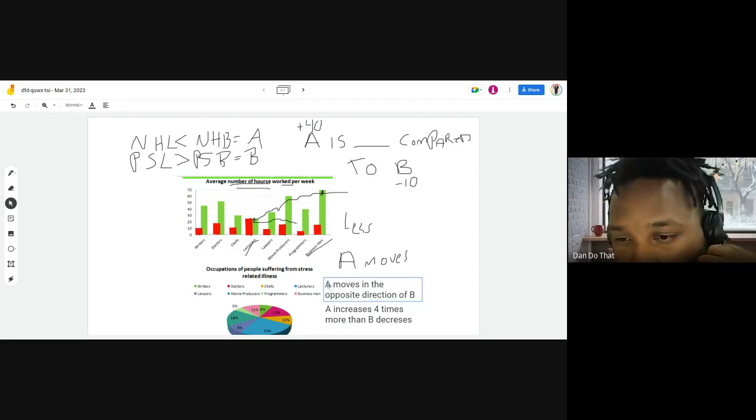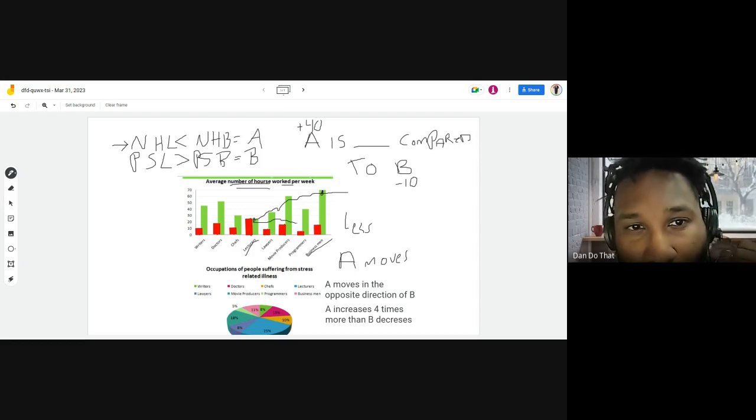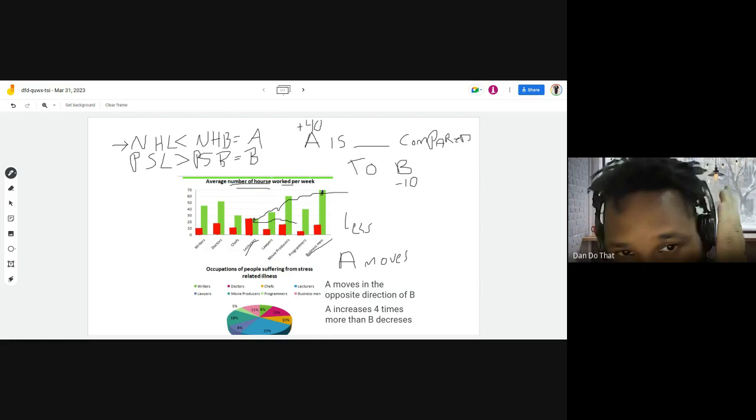So now we know A stands for all of this, right? So this is where our word count comes from, because we're going to name this trend number of hours worked. All right. The number of hours lecturers worked per week.